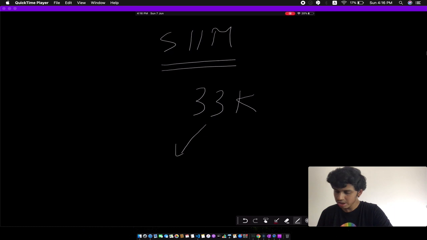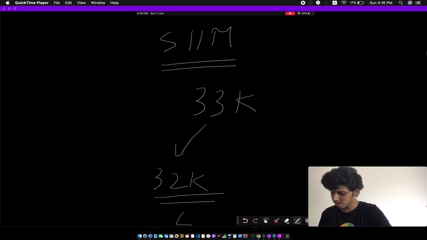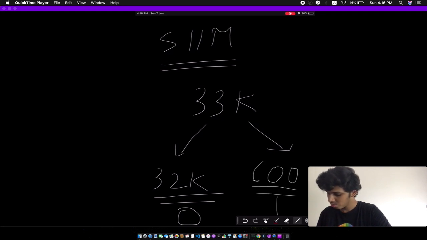Out of these 33,000 images, approximately 32,000 images were 0 samples, which means 32,000 samples did not have melanoma, and the remaining 600 samples were ones, which means they had melanoma.